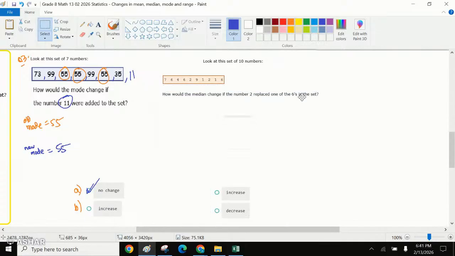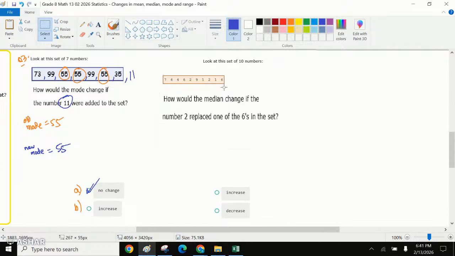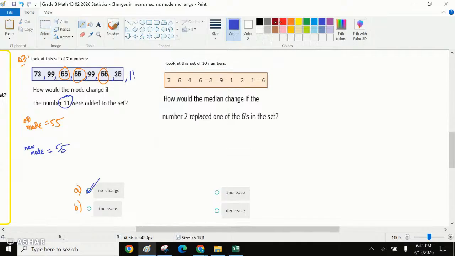How would the median change if the number 2 replaced the 6? Okay, that means, what are we changing? We are changing a number on the lower end, right? This would be our question number 4 with these 2 options.